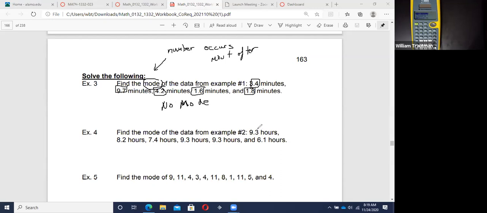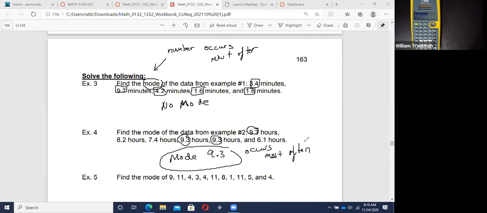However, in example 4, 9.3, 9.3, and 9.3, the number 9.3 occurs the most often. So 9.3 is the mode. Mode is the number that occurs the most often.